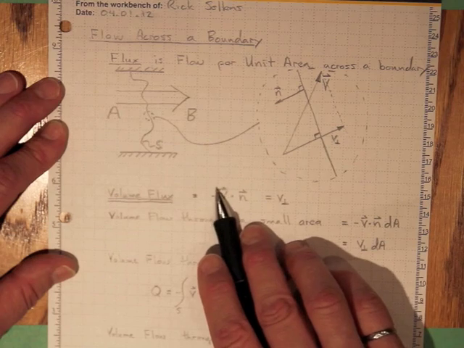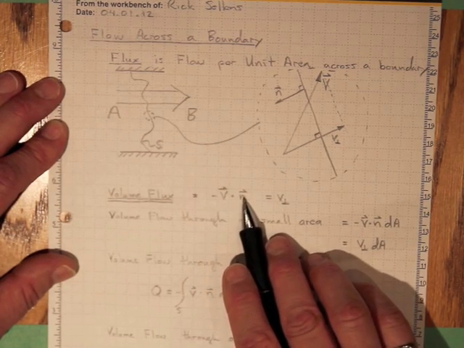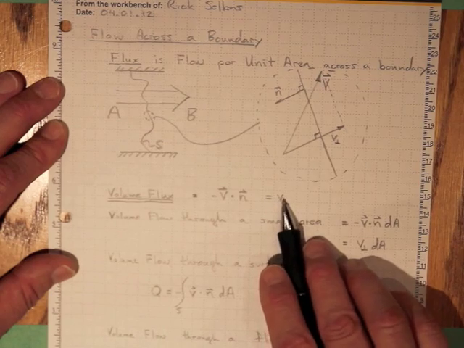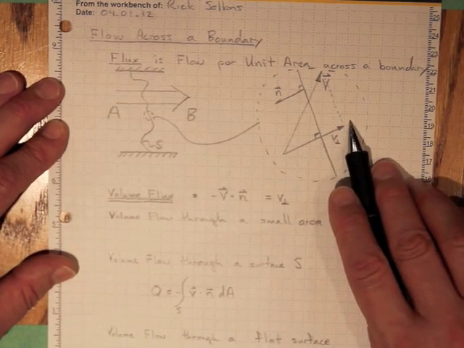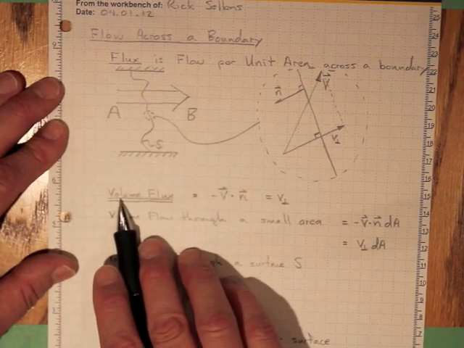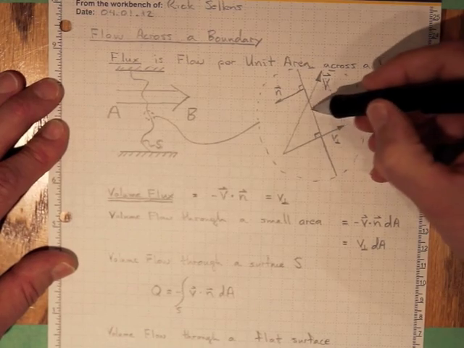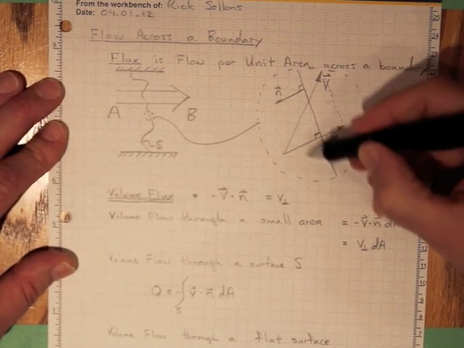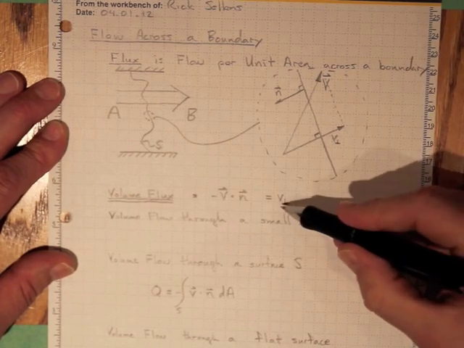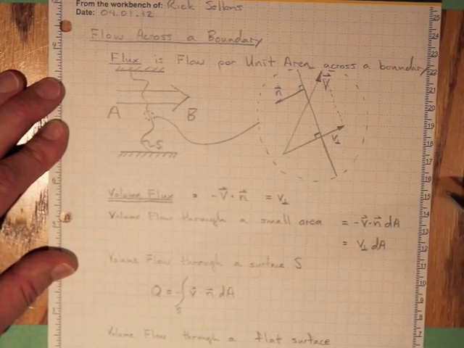The dot product of the velocity vector and the unit normal, or just the V perpendicular, this component here, that's the volume flux. That's the amount of volume that goes through this surface per unit area of surface. And it's just a velocity component.